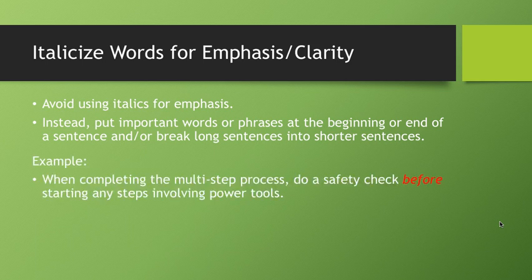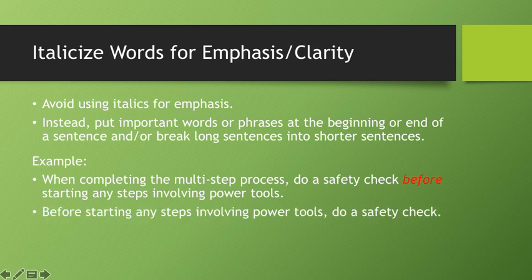So to give you an example, when completing the multi-step process, do a safety check before starting any steps involving power tools. Okay, so here they're saying it's very important, right, to do this before any steps with power tools. But rather than having it hidden in the middle of the sentence and then having to italicize it to make sure it gets the attention it needs, instead, you could have it at the beginning of the sentence and have a shorter sentence altogether.